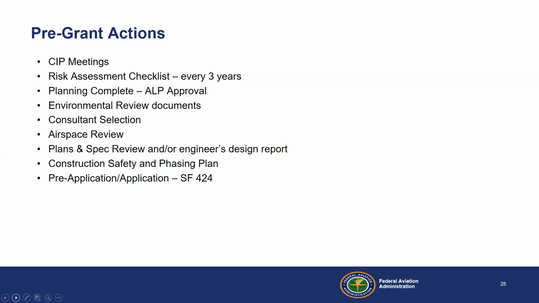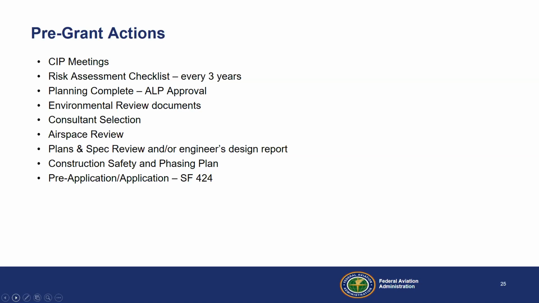As you know, for pre-grant actions, we've had CIP meetings. Most of you do a risk assessment checklist that is due every 3 years. Josh touched on planning complete. This is very important. Before we move into any environmental review, we are focused on working with our planners within our offices to get your planning complete.